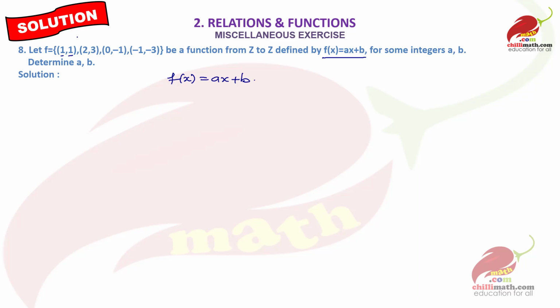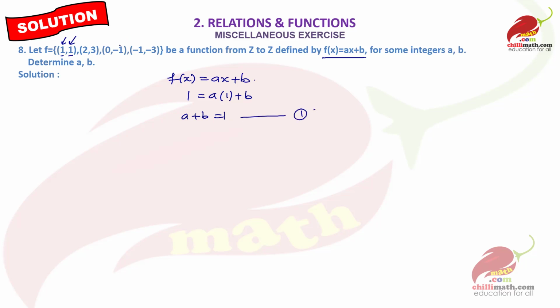So 1 is there in this function, so by putting x equal to 1 and f(x) equal to 1, let us see what we get. So this is one expression we have got, that is a plus b is equal to 1. We can mark this as equation number 1.